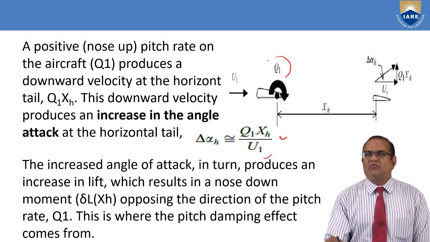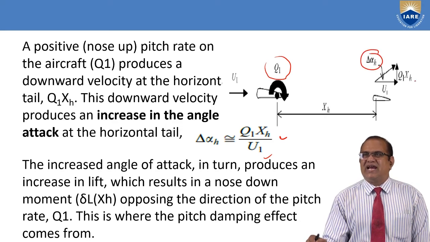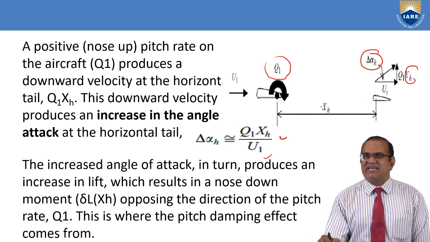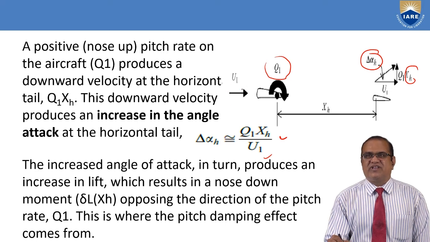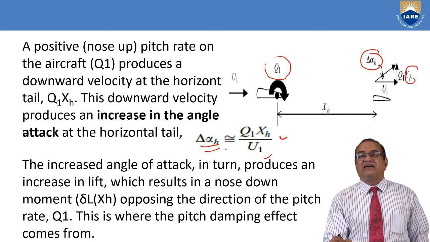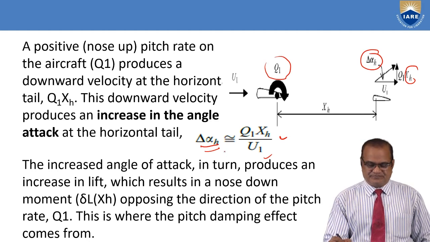So here is the pitch rate Q1, this is the delta alpha H which is produced, and here is XH. This vertical velocity is Q1XH, divided by U1, the horizontal free stream velocity. So this much angle we will get additionally at the tail side of the aircraft.